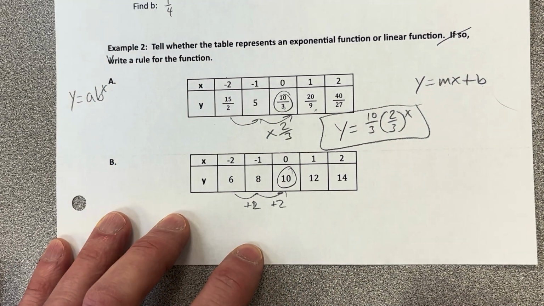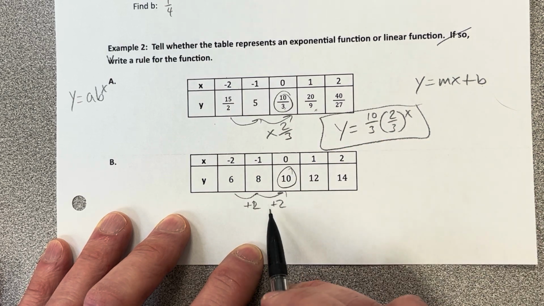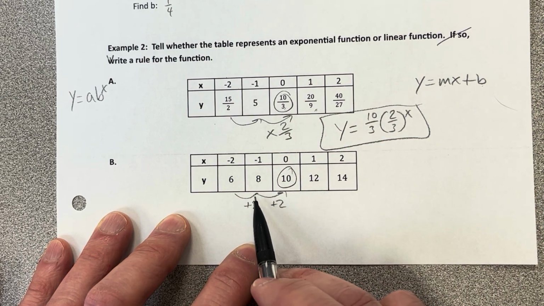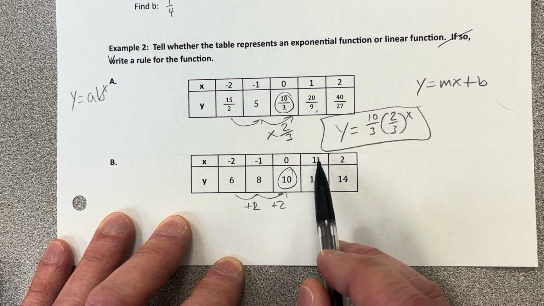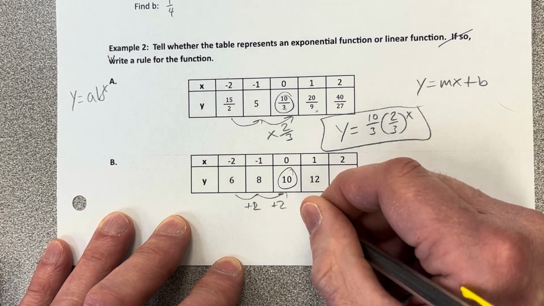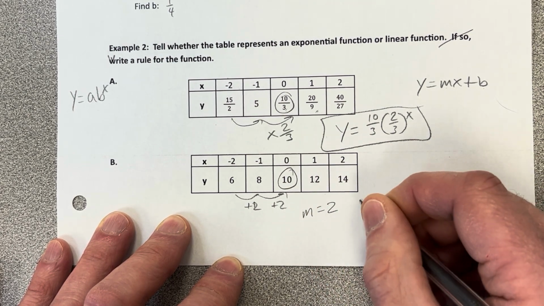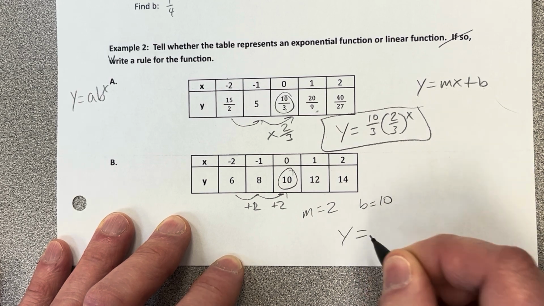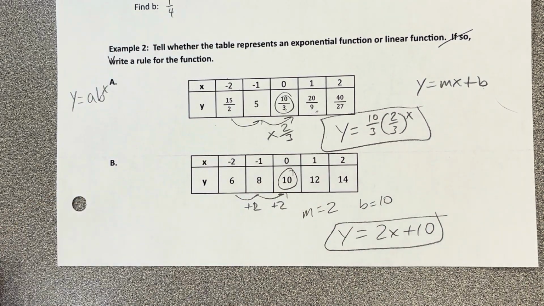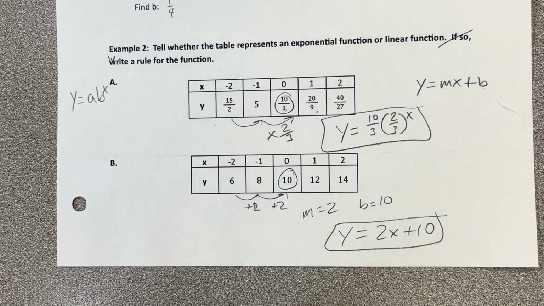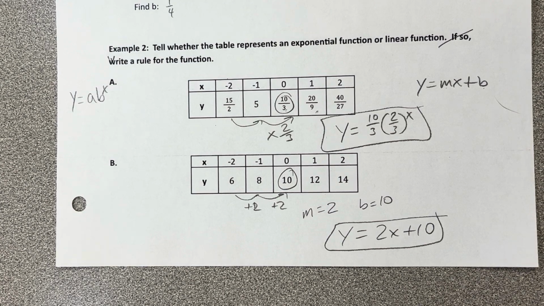So this +2, it's rise over run. +2/1, +2/1, +2/1, +2/1. This is our slope. Our slope is 2. Our y-intercept is 10, so we're going to write y equals 2x plus 10. Isn't that cool? So if it's exponential or linear, you should be able to write a rule for it. If you're not given the y-intercept, you may need to find it.